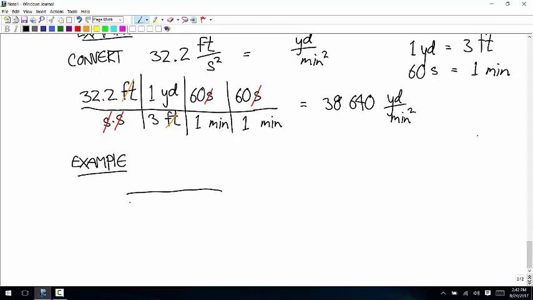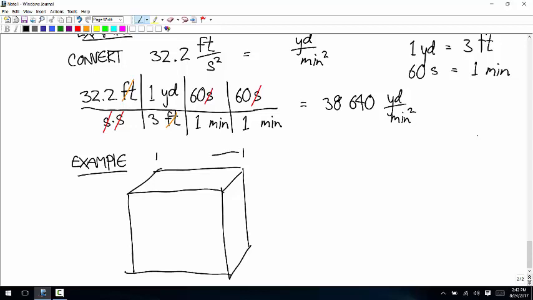So here's this big block where all the lengths are 1 meter. And the height is 1 meter. And the depth is 1 meter. And now imagine it being an empty box, okay?